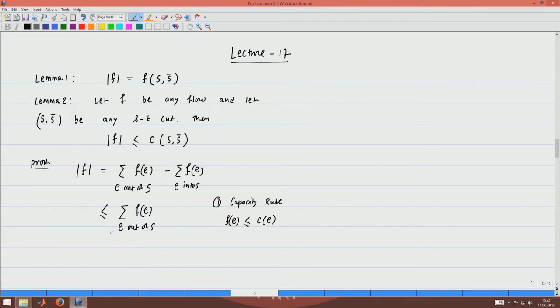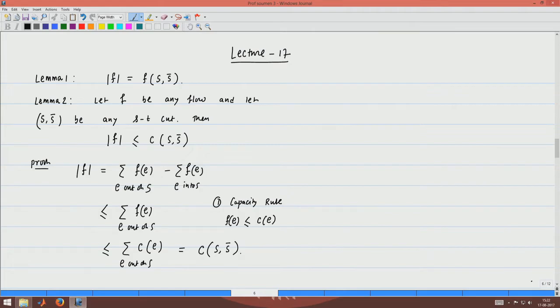Then this term is smaller than or equal to the sum of c(e) for e out of S, where I replace all f by c, capacity. And if you recall the definition of capacity of a cut, this is the definition. So, that is why this is equal to the capacity of the cut (S, S complement), right.